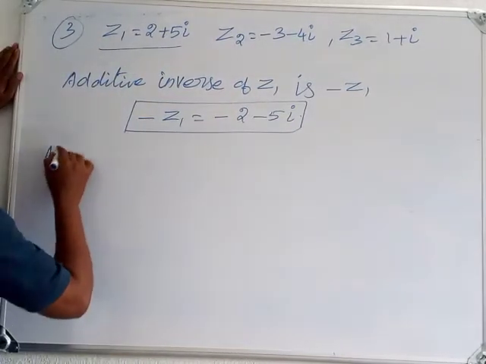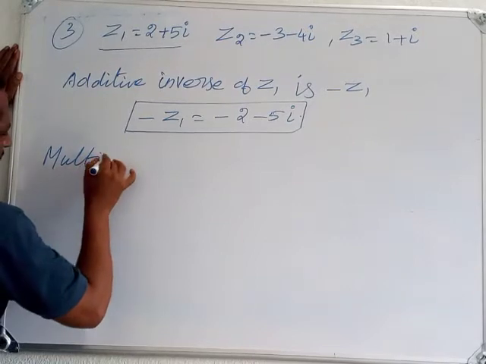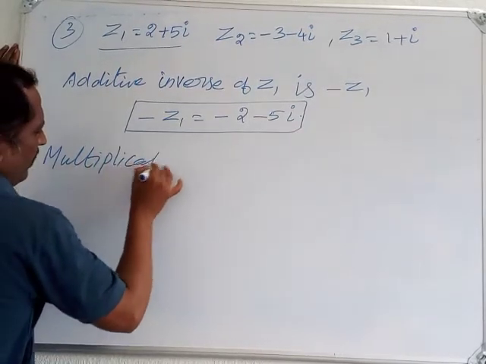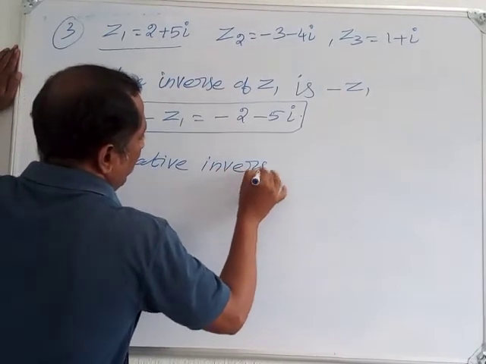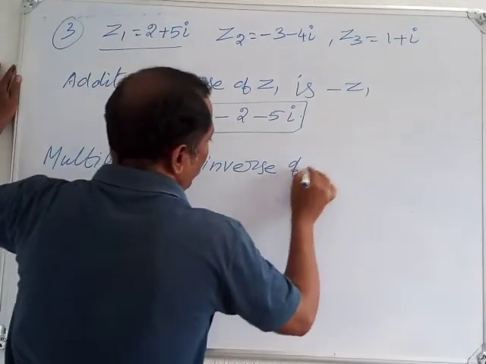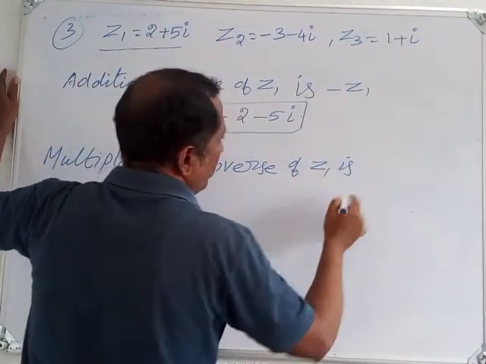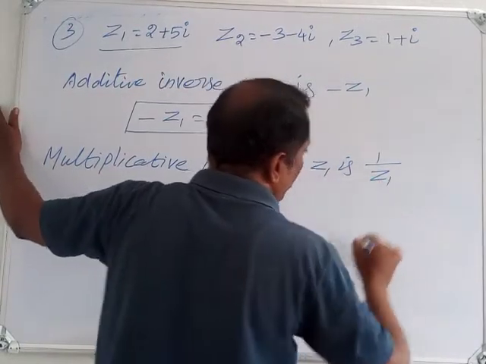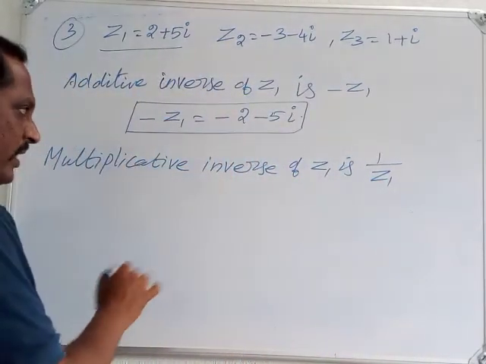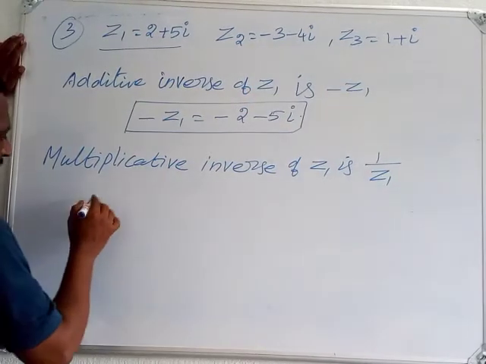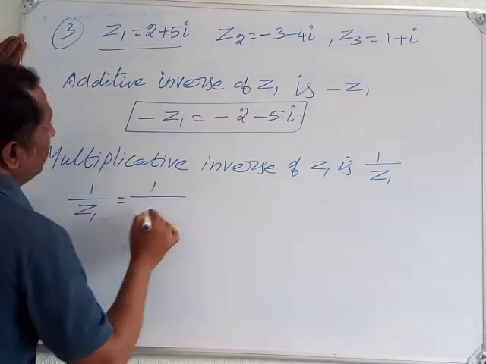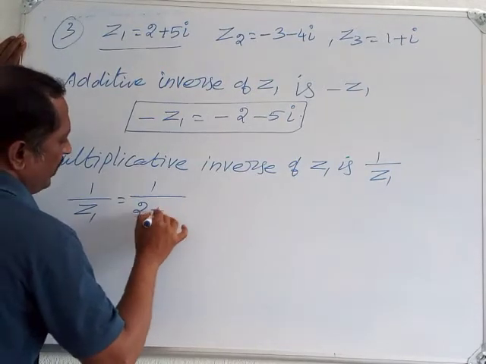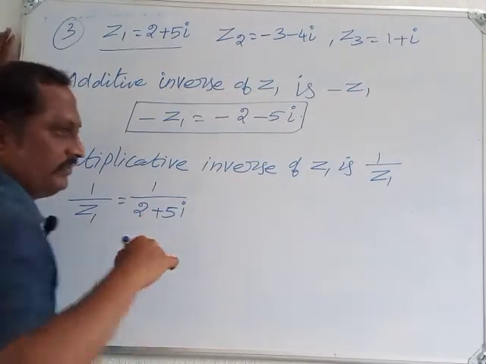And next, the multiplicative inverse of Z1 is 1 by Z1, or Z1 power minus 1. So 1 by Z1 is equal to 1 divided by 2 plus 5i.